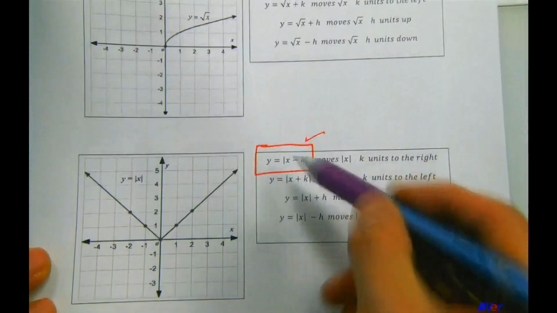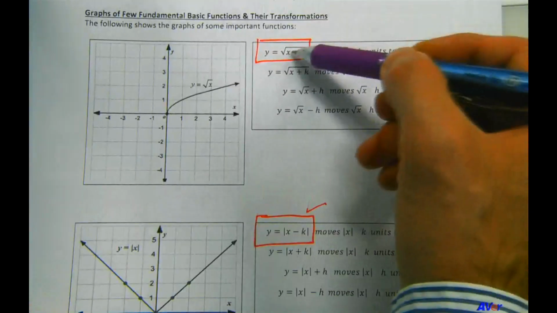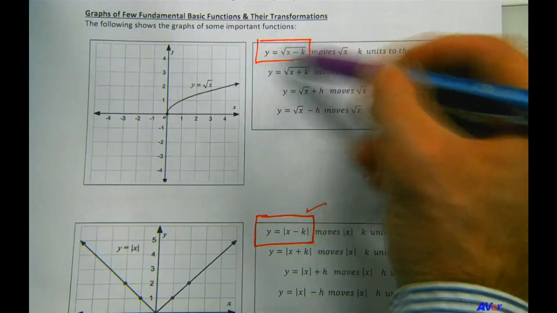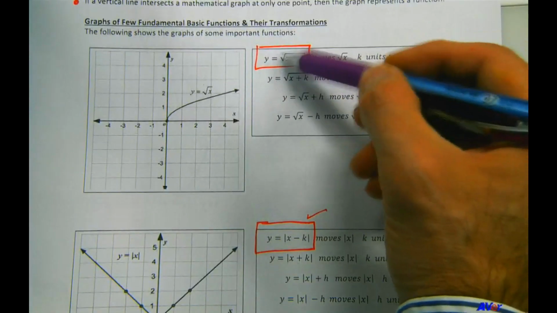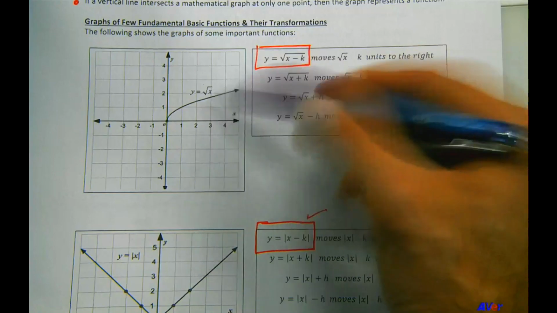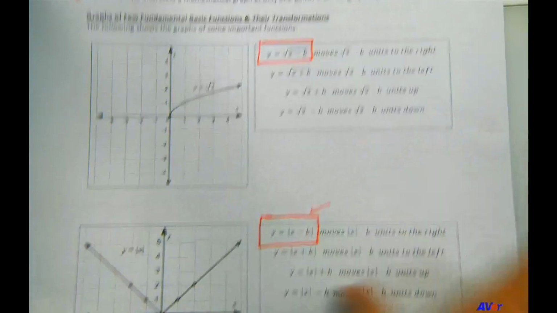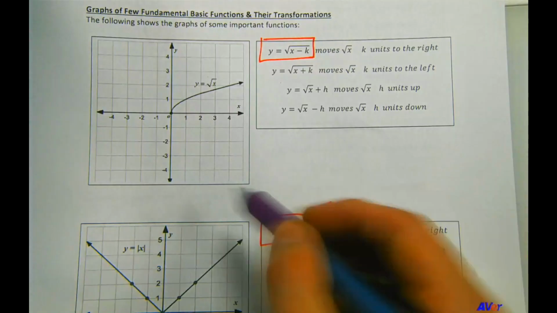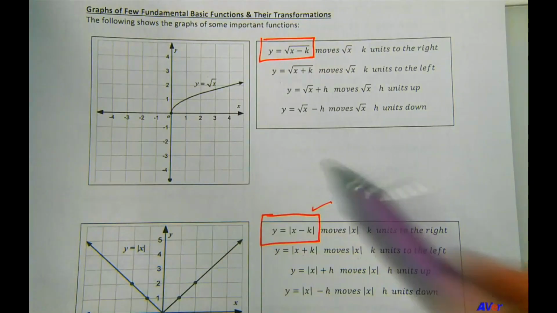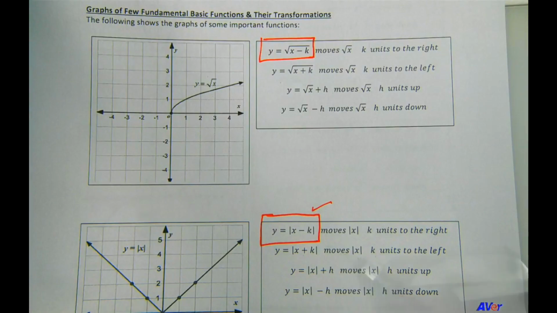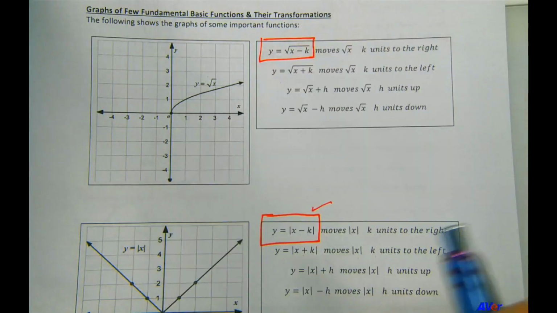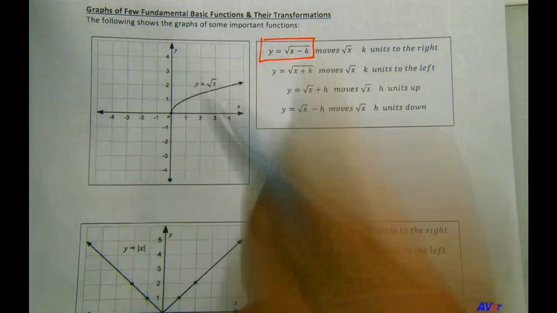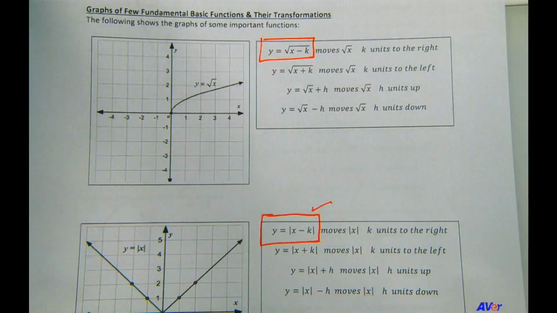Okay, so I hope you're seeing the similarity between how the general function for each type of function, square root, absolute value, is connected with the way the transformation or shift of a graph occurs. It's the same rule.